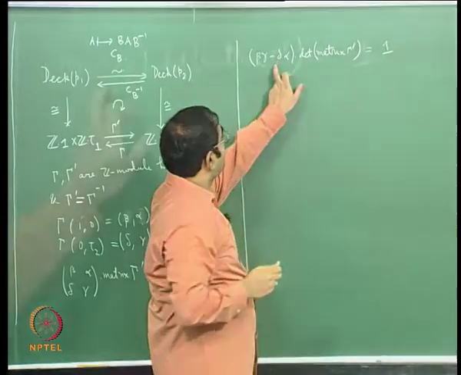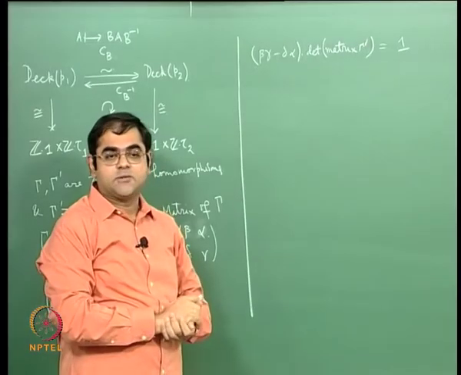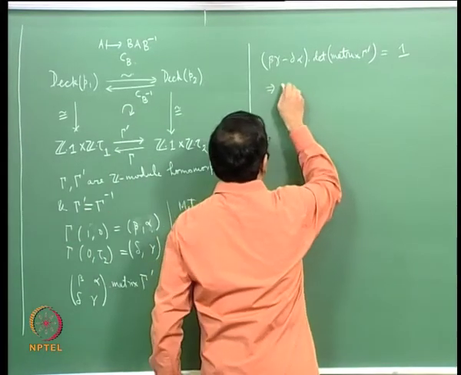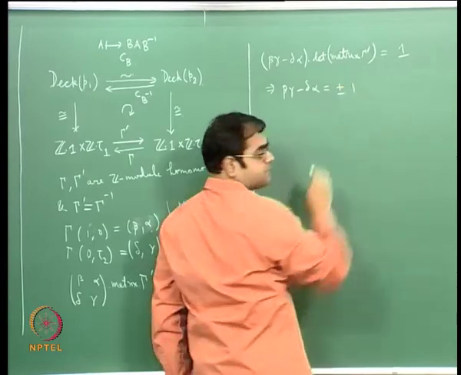Now you see I get a product of two integers equal to 1, so the possibility is that either both are plus 1 or both are minus 1, so this will tell you that beta gamma minus delta alpha is equal to plus or minus 1, okay.